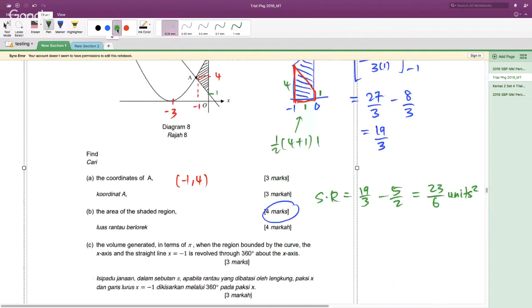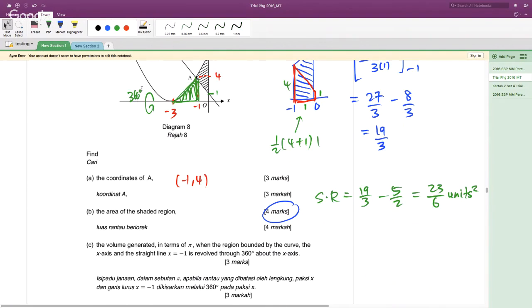The region is bounded by the curve, x equals -1 and the x-axis. You should be able to see this region, and it rotates 360 degrees about the x-axis.